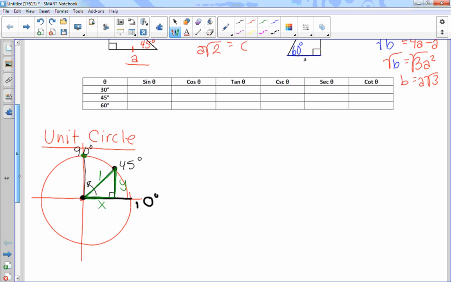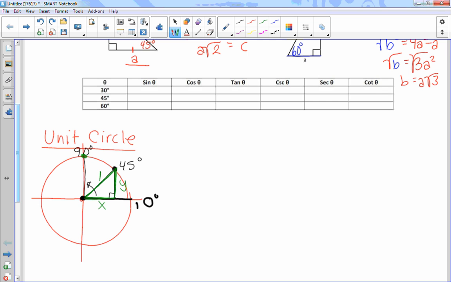So when we find the sine of, I guess we'll start with 45 degrees because I'm talking about that one right now. Sine of 45 degrees. What was that phrase for sine, cosine, tangent? SOHCAHTOA. So sine represents the ratio of what over what?